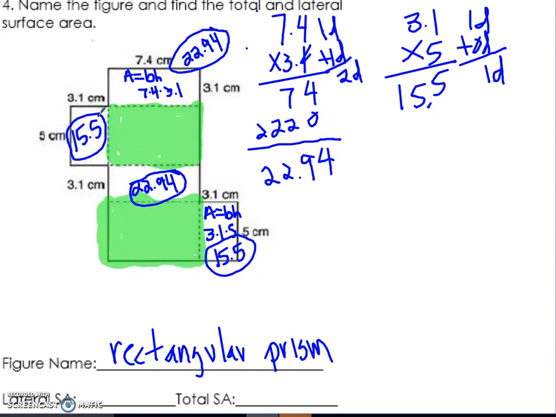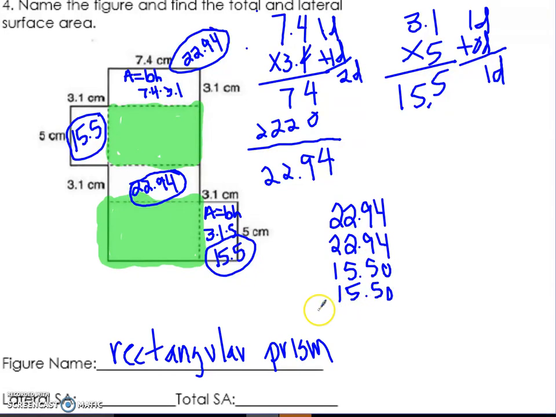Alright, to find the lateral surface area, we're going to add up everything but the bases. So we have 22 and 94 hundredths, 22 and 94 hundredths, 15 and 5 tenths, and 15 and 5 tenths. We added up, we got 8.